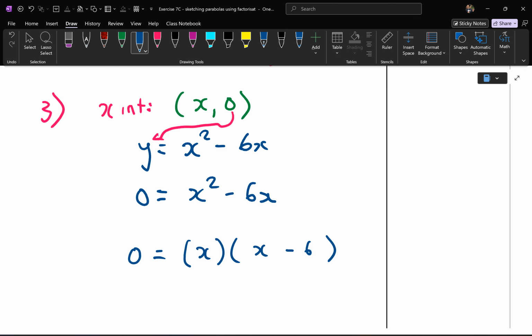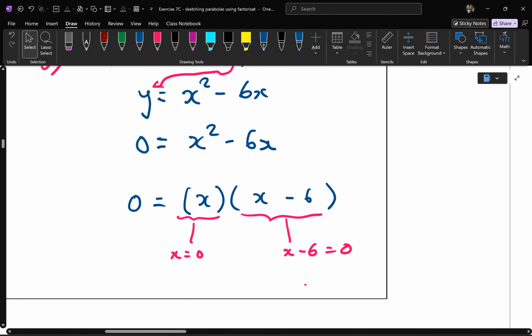If you like, you can put 2 brackets like that. And I'm saying that number times this number equals 0. So you end up with 2 possibilities. Maybe, according to null factor law, maybe this one's meant to equal to 0. But then that's one possibility. The second possibility is that maybe x minus 6 was meant to equal to 0.